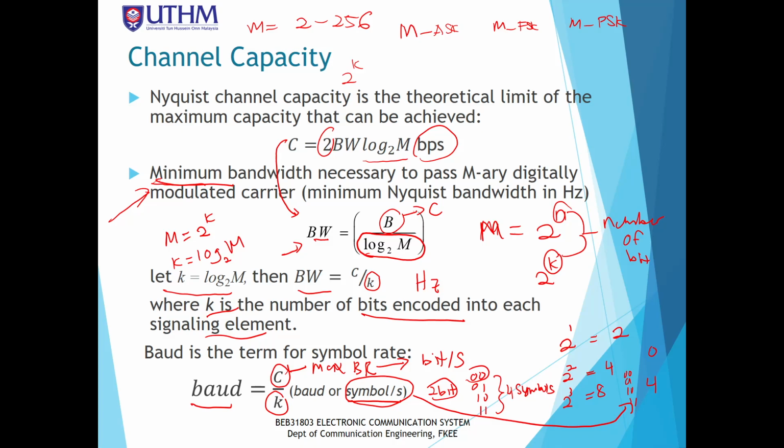How many symbols that I can send within 1 second, that one is defined as the symbol rate or baud rate. Baud rate atau nama lainnya adalah symbol rate, menyatakan kadar symbol yang boleh dihantar. The rate of symbols that we can send in 1 second.